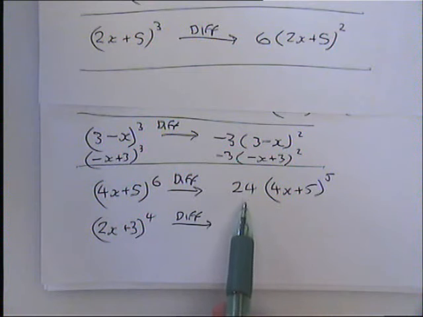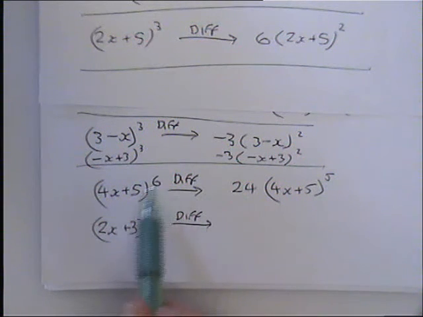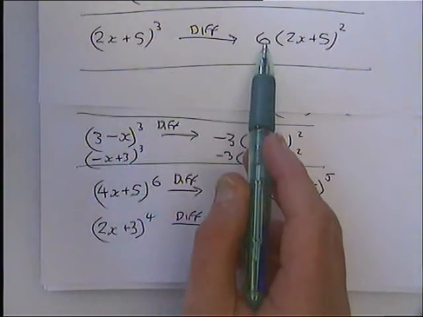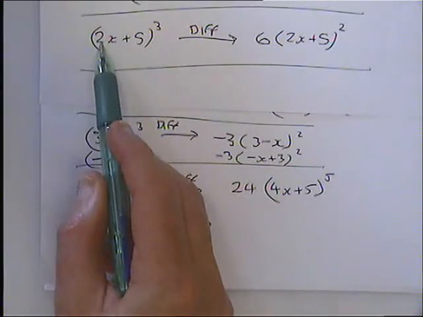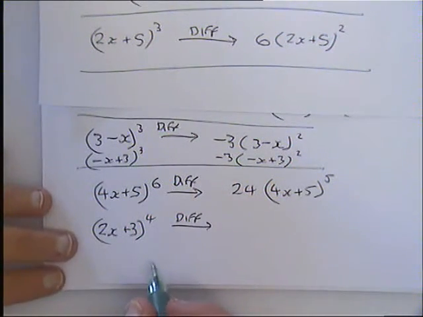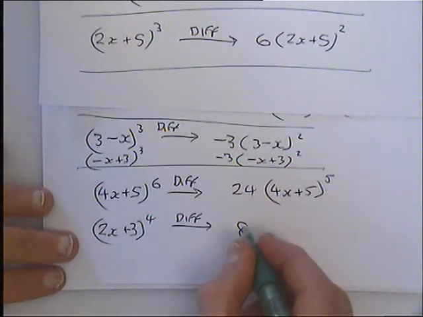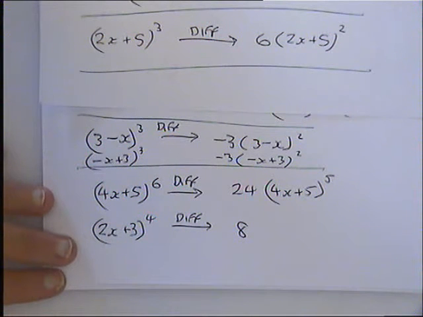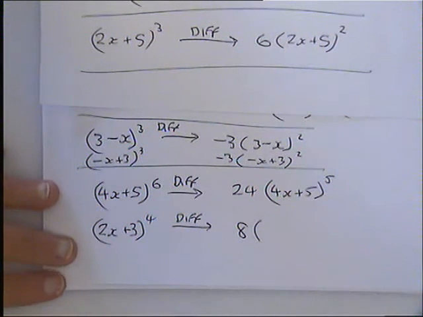Where could that 24 have come from? 64. That times that. Now, did it work up here, for instance? That's 6. Okay. So this one? 8. Okay, there is an 8, yeah. That 4 times that 2 is an 8. Then what? Open bracket.